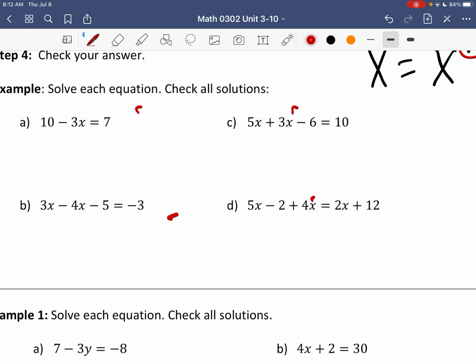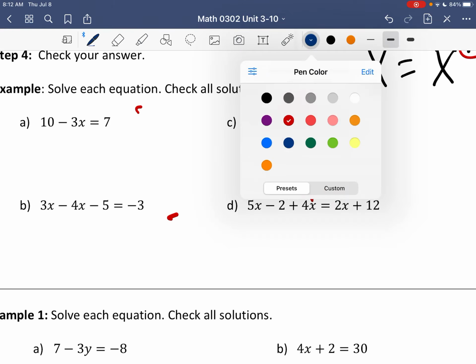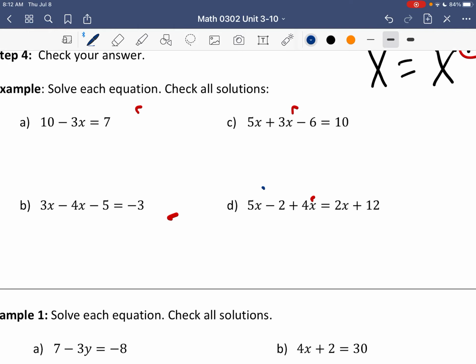But if you notice, part D is a little bit different than the equations in parts A, B, and C. That's because a term with the variable x occurs on the left-hand side of the equation, and it also occurs on the right-hand side of the equation, okay? So this one is specialized.